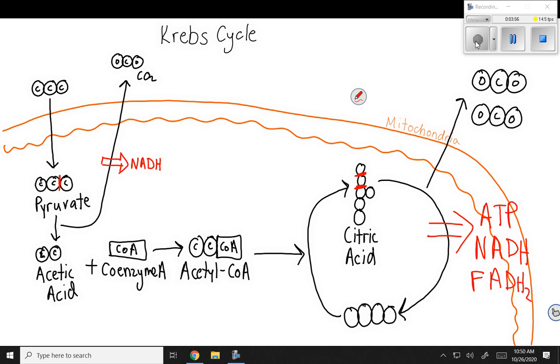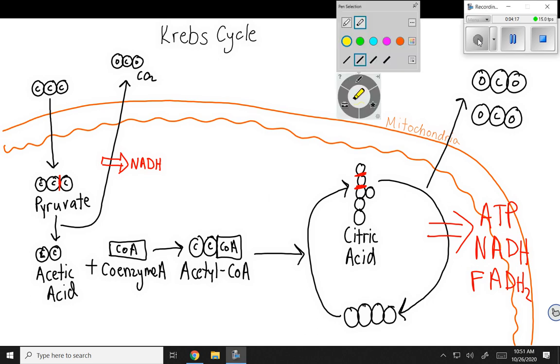So the purpose of the Krebs cycle is to break down pyruvate and be able to produce energy in the form of ATP and electron carriers. And those electron carriers are going to stay in the matrix where they'll be able to power the electron transport chain.